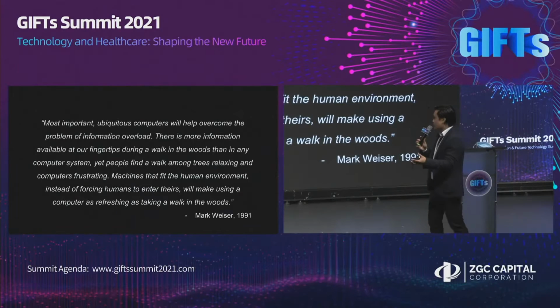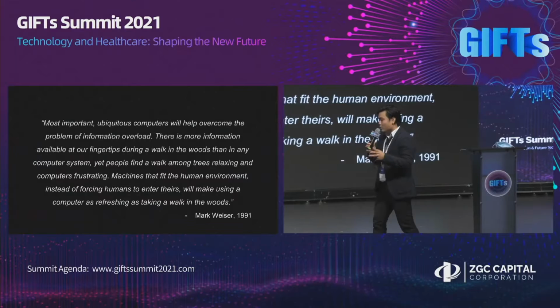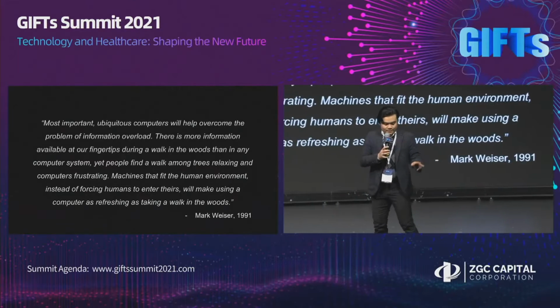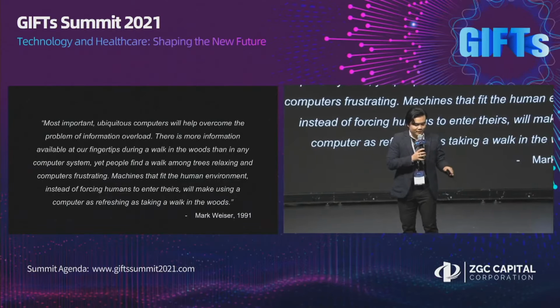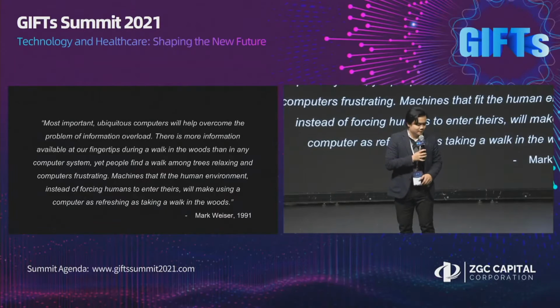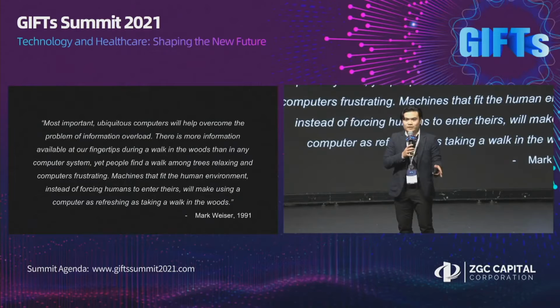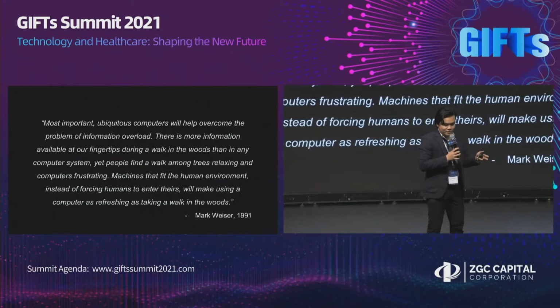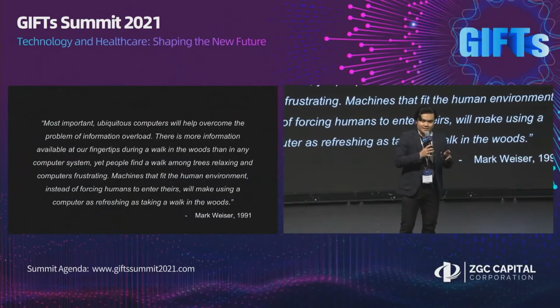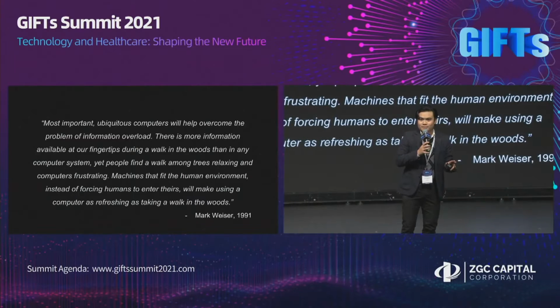There's more information available at our fingertips during a walk in the woods than in any computer system. Yet people find a walk among the trees relaxing and computers frustrating. Machines that fit the human environment, instead of forcing humans to enter theirs, will make using a computer as simple as taking a walk in the woods.